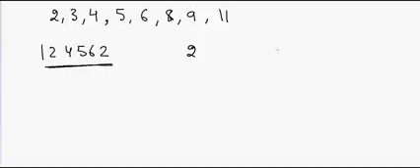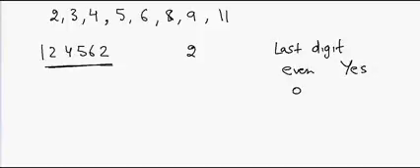We look at the last digit, and if it's even, then yes, and if it's odd, then no. Here the last digit is 2, so it is divisible by 2 because it's an even number in the end.